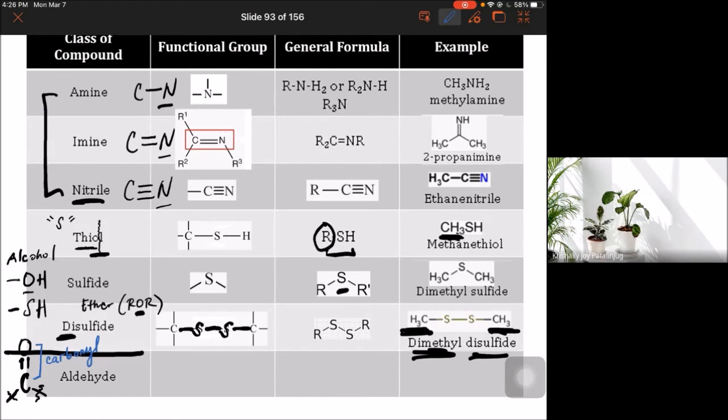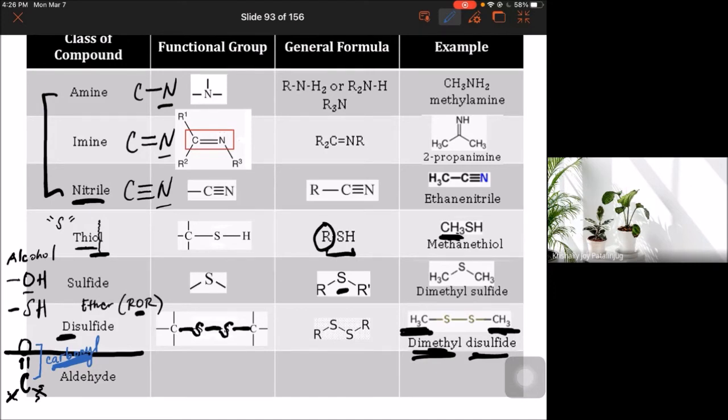As you can observe in your PDF handouts, after disulfide, all the succeeding functional groups have a carbonyl, carbon double bond oxygen.